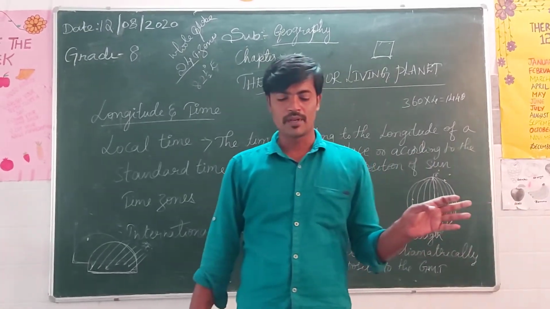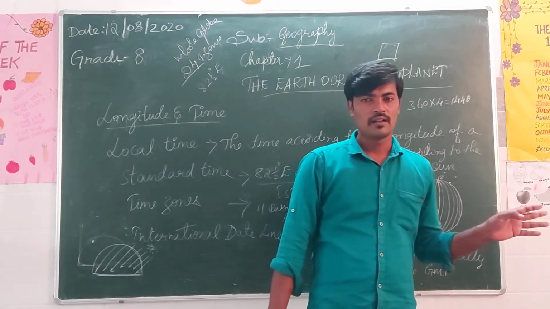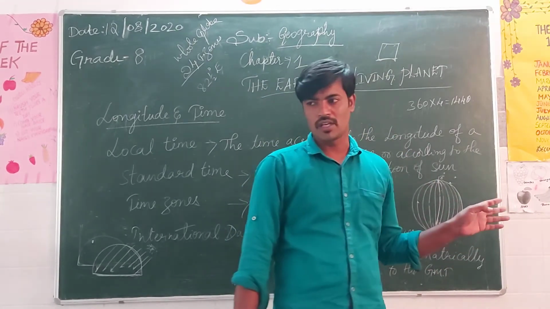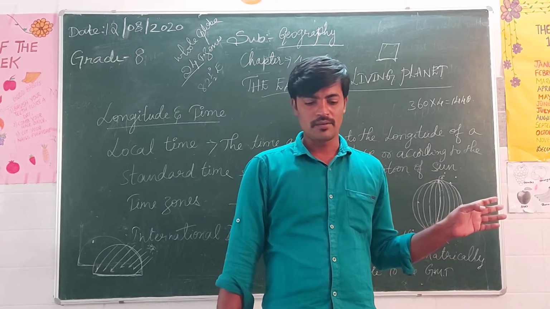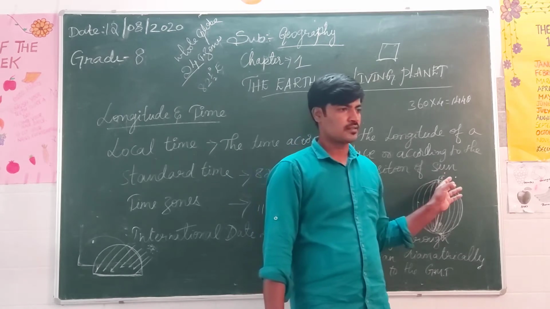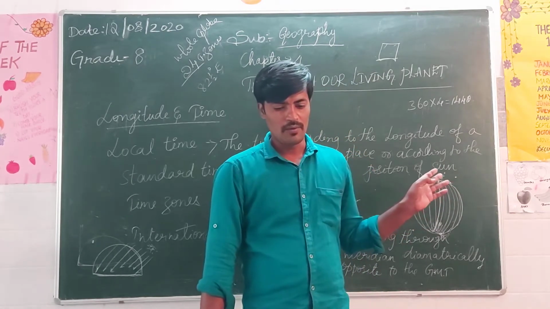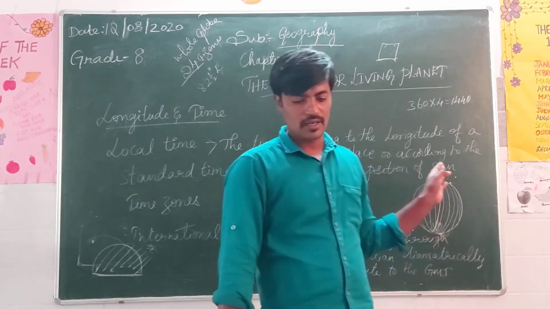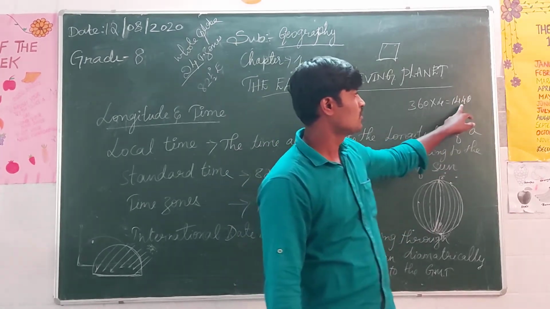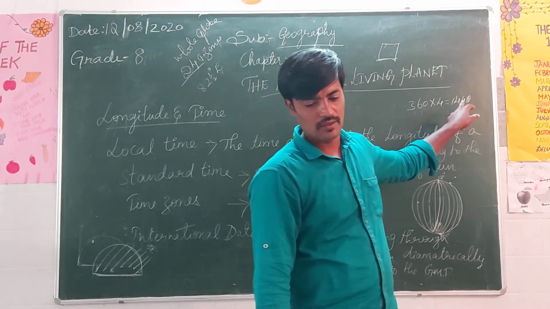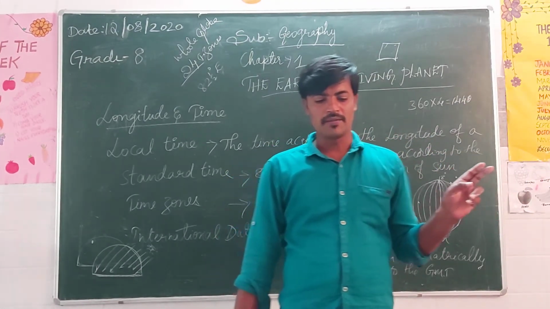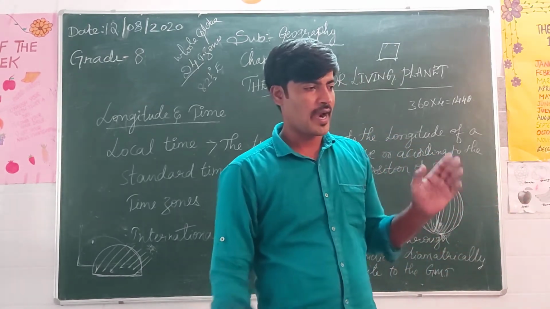If you take 15 meridians, 15 into 4 comes to 60, so 15 meridians are calculated as 60 minutes, which is 1 hour. According to that, we can calculate 360 into 4, which is 1440 minutes. It means the time difference is to be added.